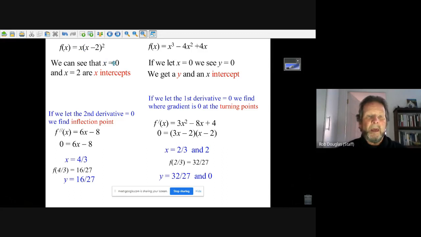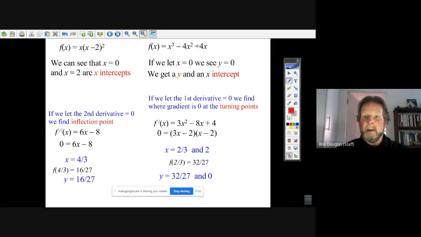So x equals 2 is an x-intercept of this cubic equation. The other thing we've got here is that x equals 0 is going to make it 0 too. Those are the two things that make it 0. Those are x-intercepts.